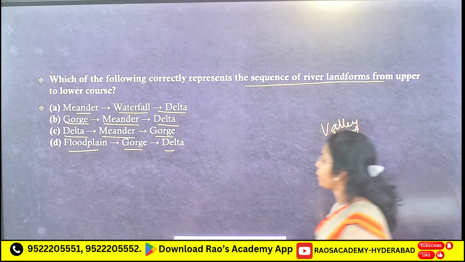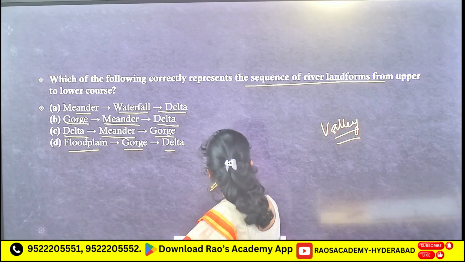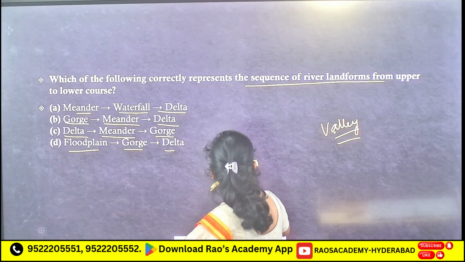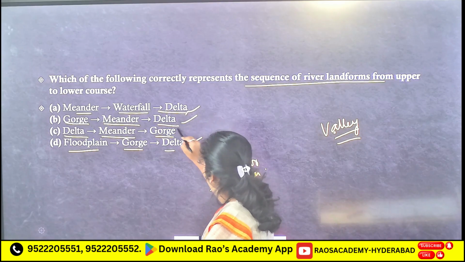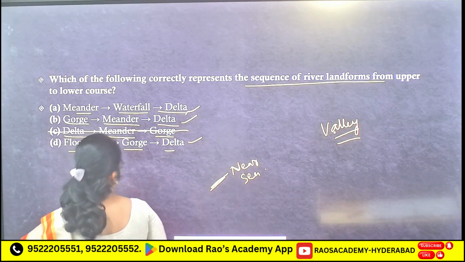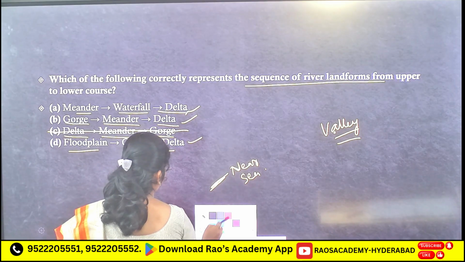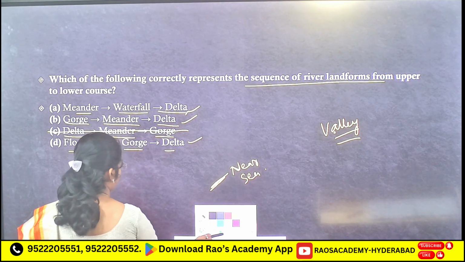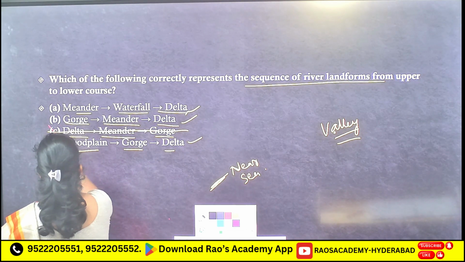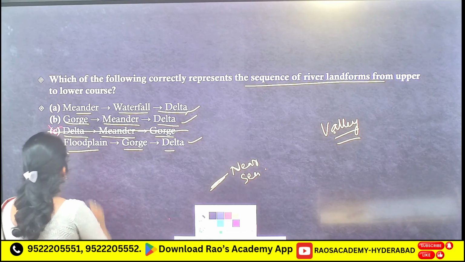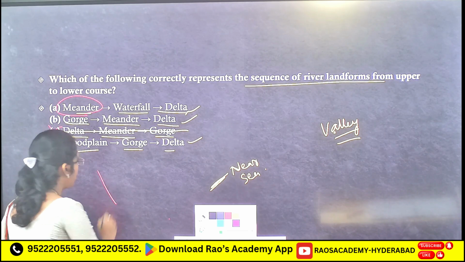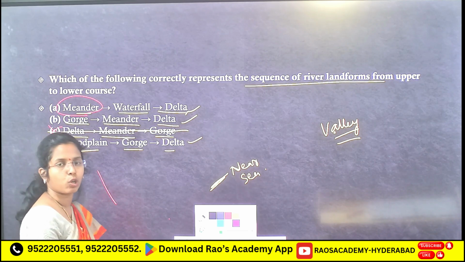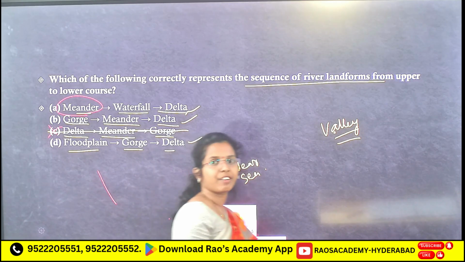Delta is formed at the mouth, near the sea, so delta has to come last. You can eliminate C. Next, at young age there are very steep slopes, water flows vertically and you will see vertical erosion.